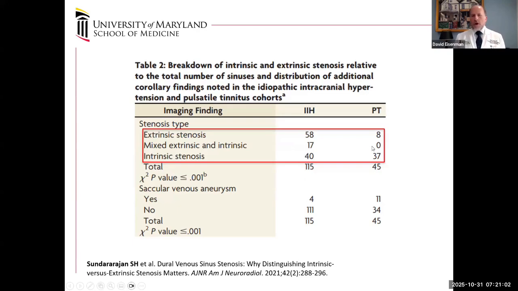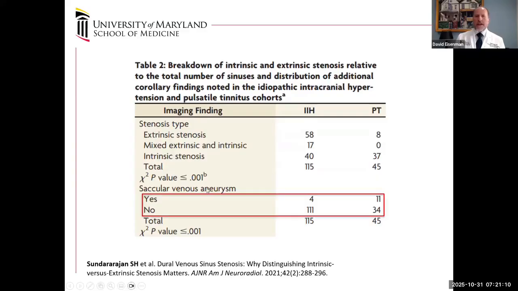In the PT patients, almost all of them were arachnoid granulations, not extraluminal compression. He also noticed that many of them had what he called a saccular venous aneurysm distal to the stenosis in the distal transverse or proximal sigmoid sinus. About 25% of the PT patients had that, but very few of the IIH patients had that.